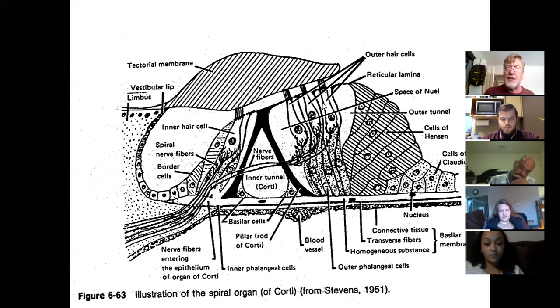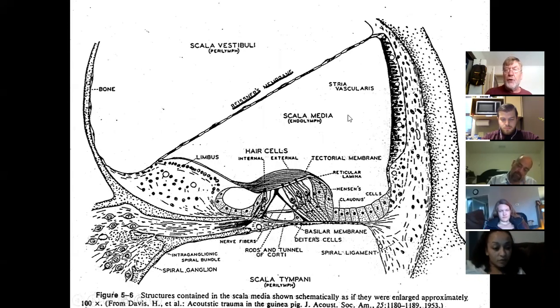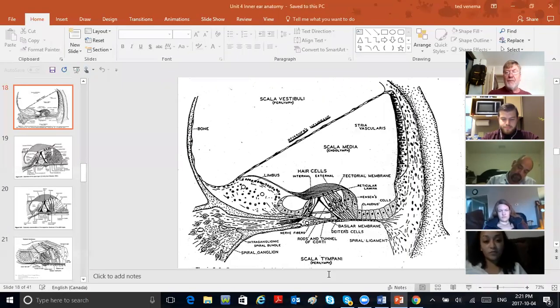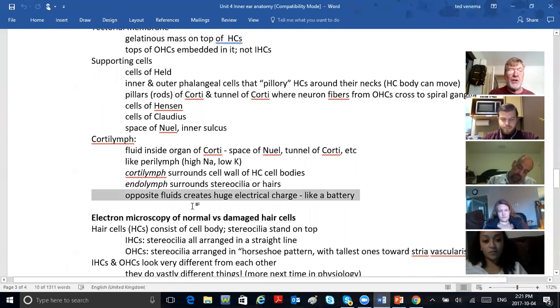That's how hair cells are in contact, even though endolymph surrounds the whole scala media, yet the cells themselves are touching cortilymph. And cortilymph is perilymph inside the organ of Corti. All right, we're getting someplace, moving along.